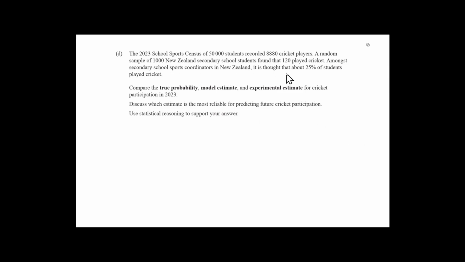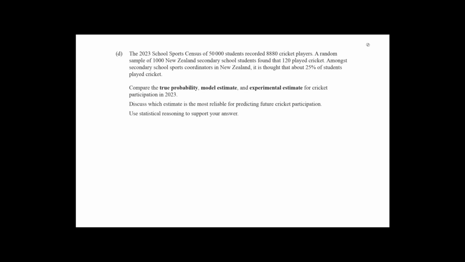Among secondary school coordinators in New Zealand, it is thought that about 25% of students play cricket. All right. So compare the true probability, the model estimate, and the experimental estimate of the cricket participation in 2023. Discuss which estimate is the most reliable and use statistical reasoning to support your answer.